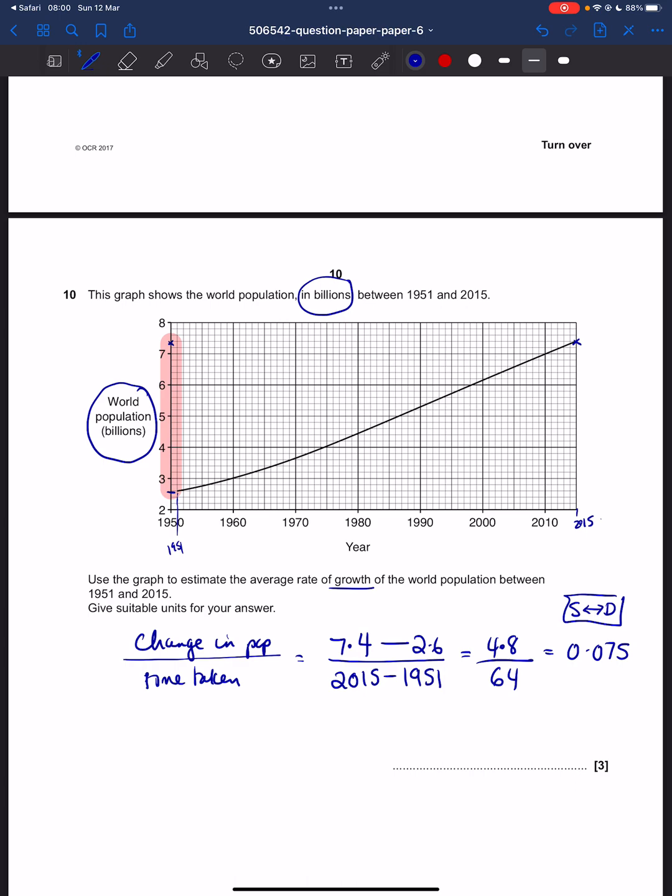Okay, 0.075 billion. And now we're in the UK, and a billion in the UK is 1,000 million, so a billion is 10 to the power 9.